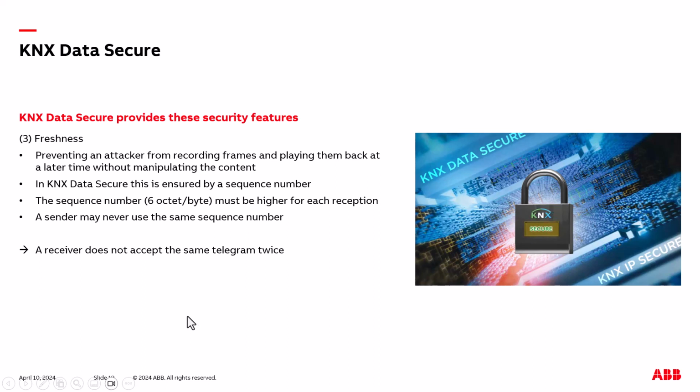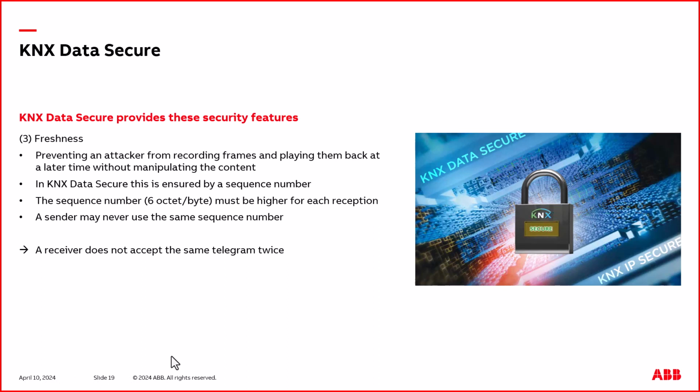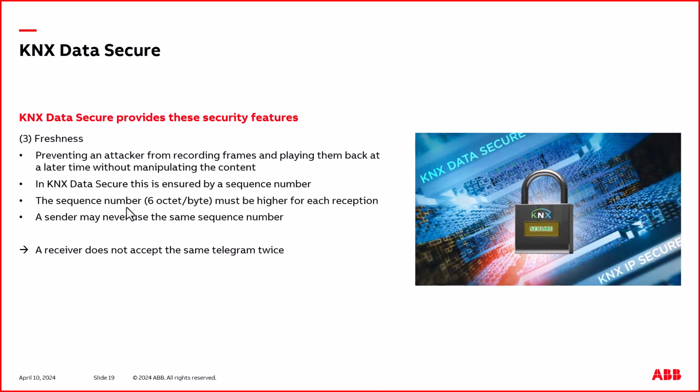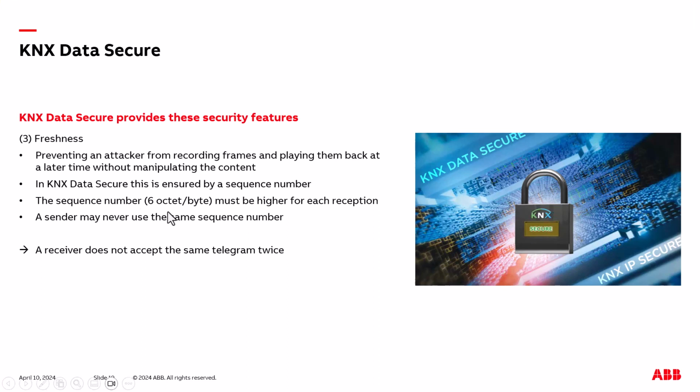And this is now new in KNX Data Secure. In our KNX Data Secure telegram, we have another 6-byte information, our so-called sequence number. The sensor sends a group address, and in this telegram we have the sequence number. Every time it sends a new telegram, this sequence number is incremented by 1.